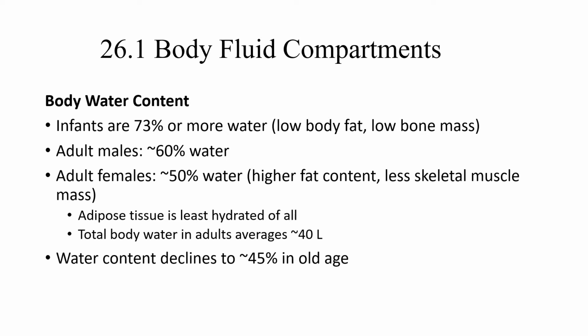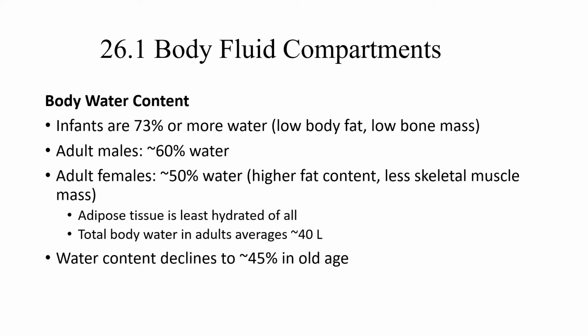So when we look at our total amount of water in an average adult, if your patient is a large person, tall, with little body fat, then they're going to have a little bit more water. If they're short, a little bit less. The more body fat there is, the less water.